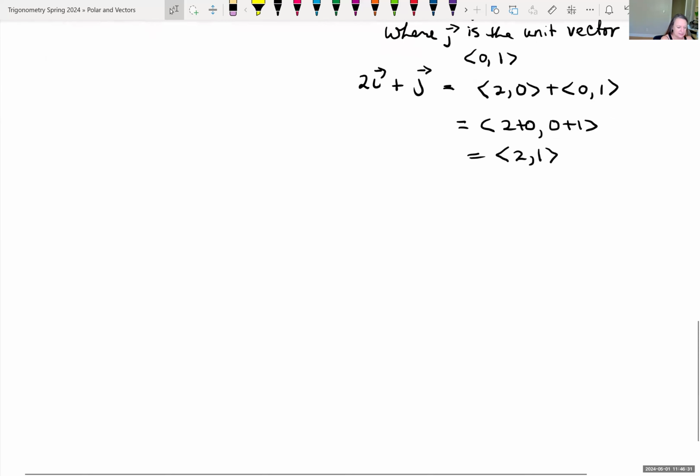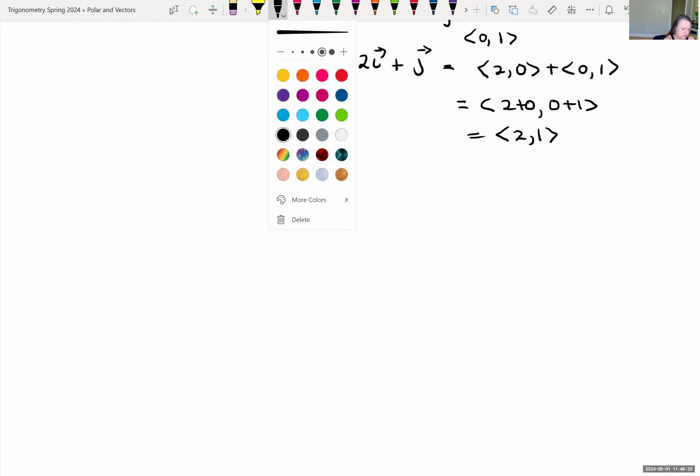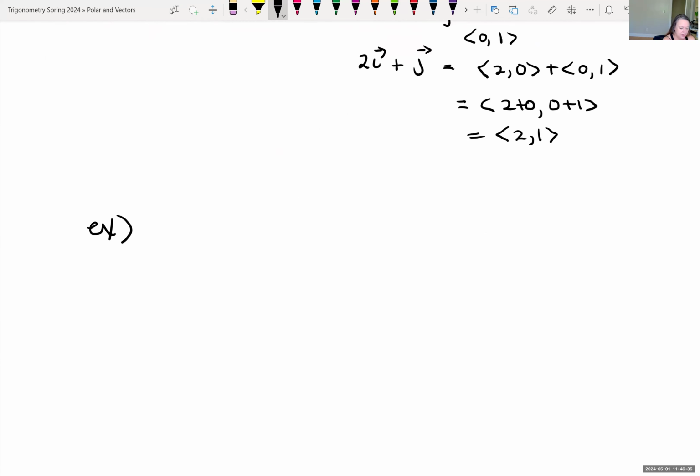So for instance, let's say that V was the vector 2i plus 4j. W is the vector, let's say, 3i minus 2j.